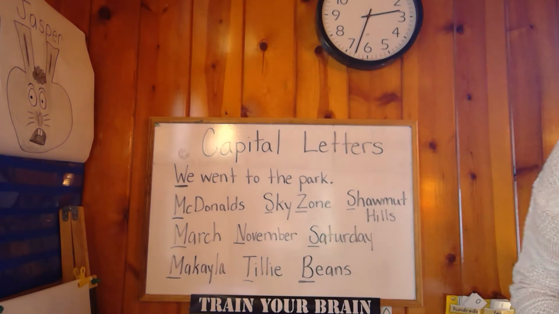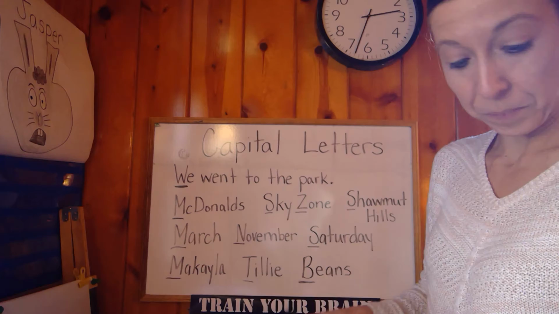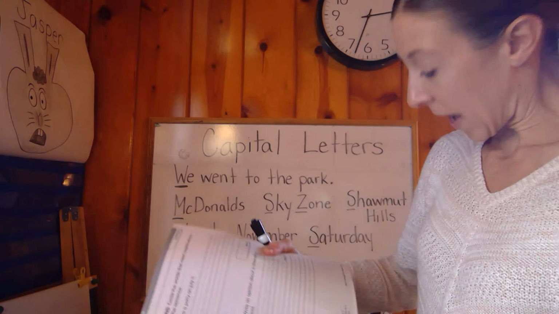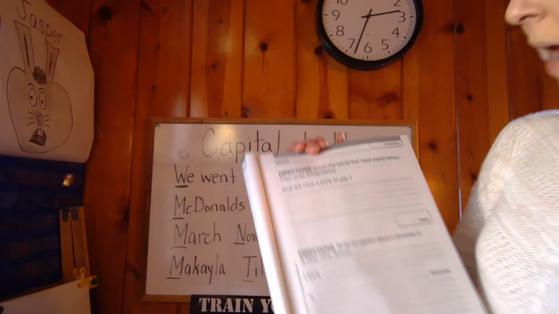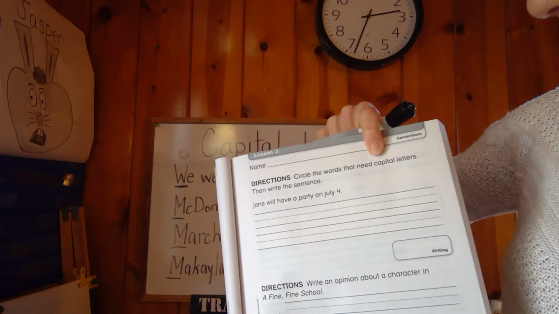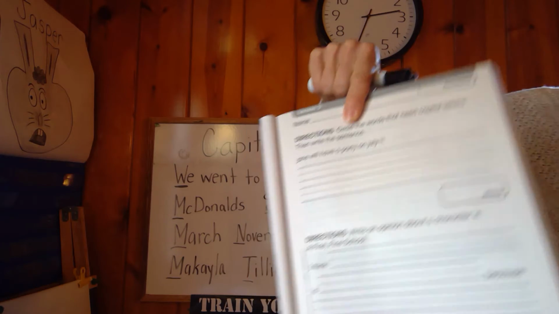So today for your homework, you are going to be turning to page 85. And on 85, it says, circle the words that need capital letters. Then write the sentence. You got to write it correctly.